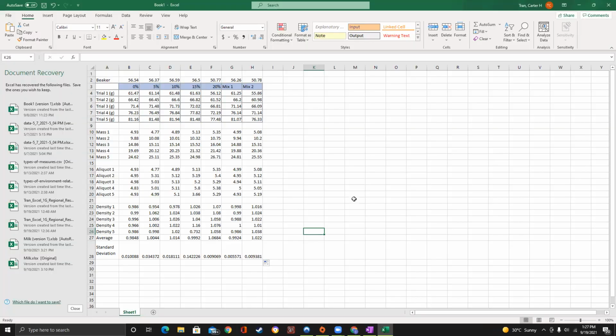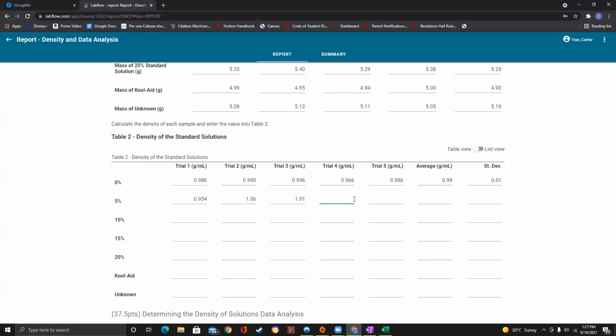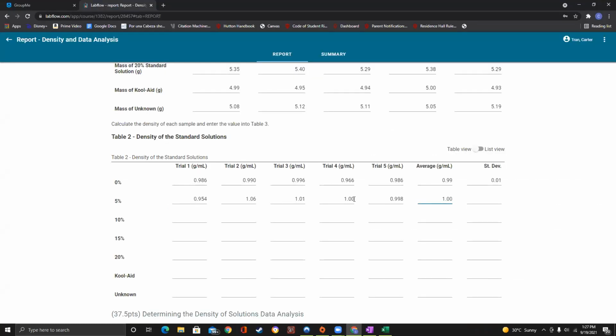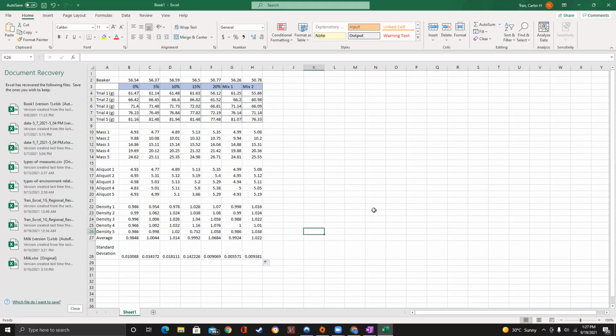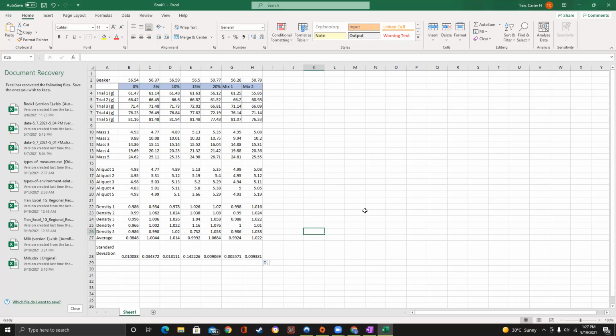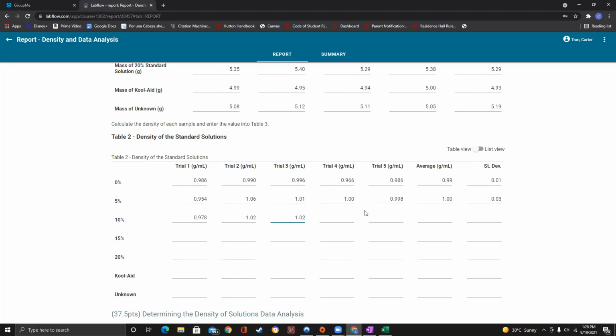Six. 1. 0. 0.198. 0. 0.03. 0.978. 2, 1.2, 1.2, 1.2, 1. 0.02.